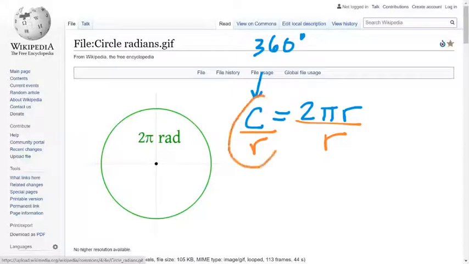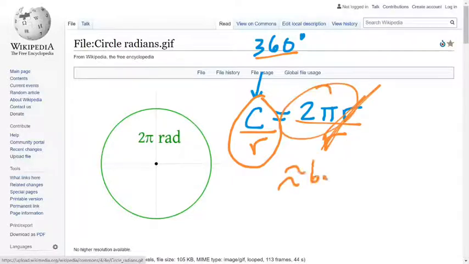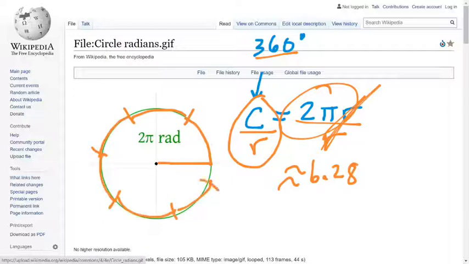So this here would be 360 degrees in radians. Now if we look at the right side, that simplifies to just 2 pi, which is around 6.28. So that means whatever the length of this radius is, you'd be able to fit it around the circle 1, 2, 3, 4, 5, 6, and then 0.28 times around the circumference of the circle.